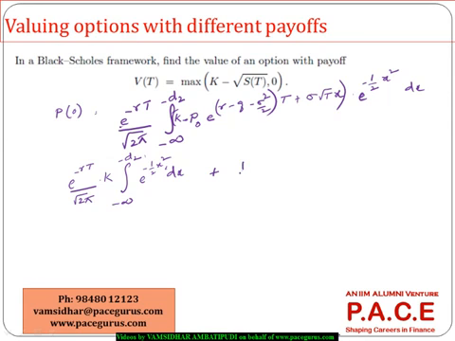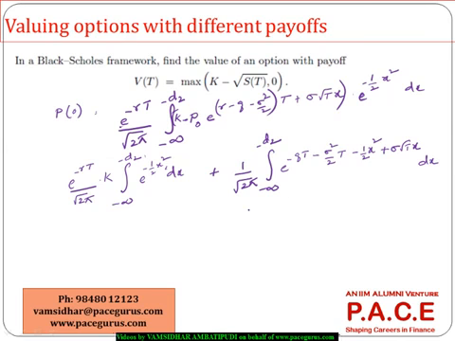So directly I can say 1 by root 2 pi integral minus infinity to minus d2. So I'll get it as e power minus qt, minus sigma squared by 2 t, minus half x squared, plus sigma root t x dx.